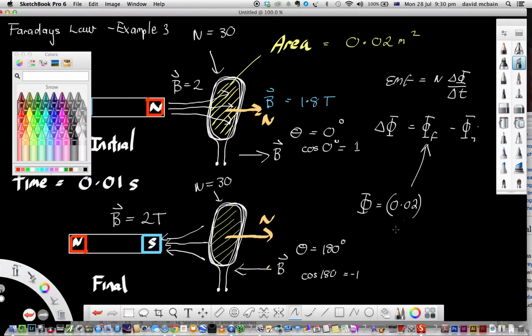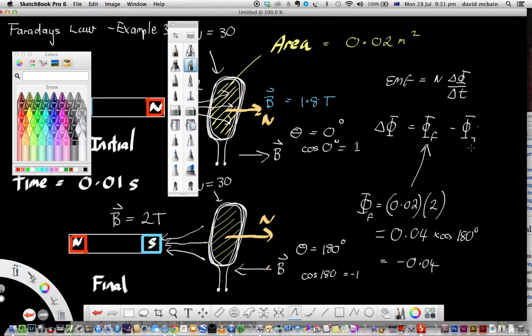So it's going to be the area times 2, so that will be 0.04. That's our flux through the coil. There's going to be times cos theta. Now here, cos of 180 degrees is -1, so the final flux will equal -0.04.